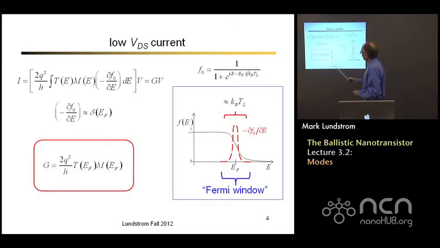So it tells us that the conductance is 2q squared over h times the transmission at the Fermi energy times the number of channels available for conduction at the Fermi energy. So we get a very nice, simple expression for the conductance. Valid at lower temperatures when the width of this derivative is very narrow and it acts like a delta function.